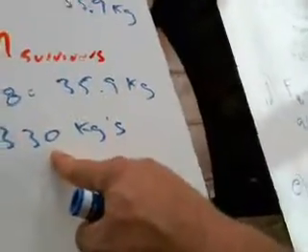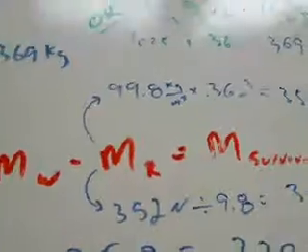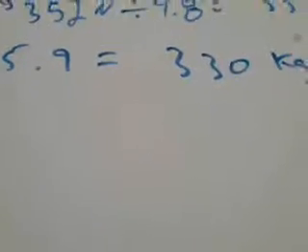That's the total mass it can support in addition to itself. Okay? And if you want to know how many survivors, you can go back to the initial part of the problem, where the mass of you happens to be around 62 kgs.